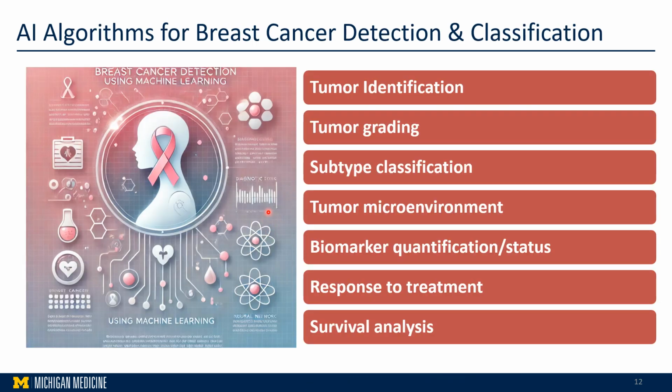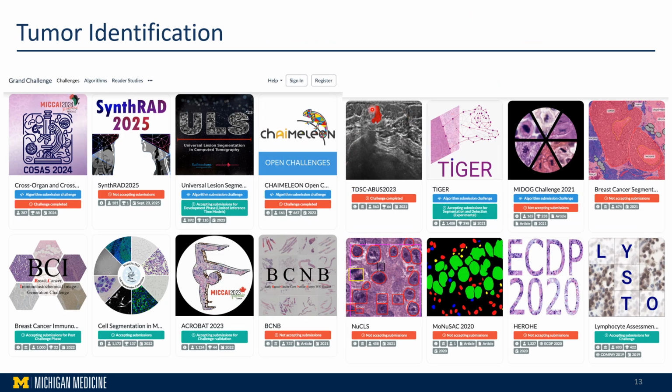Now we will dive deep into the AI algorithm for breast cancer detection, classification, as well as tumor identification, tumor grading, biomarker status, response to treatment, and survival analysis. So for tumor identification, there have been multiple challenges in the past. And I'm sharing with you the Grand Challenge, which is a platform dedicated to organizing and hosting medical imaging competitions where researchers, clinicians, and data scientists collaborate to develop and evaluate innovative solutions.